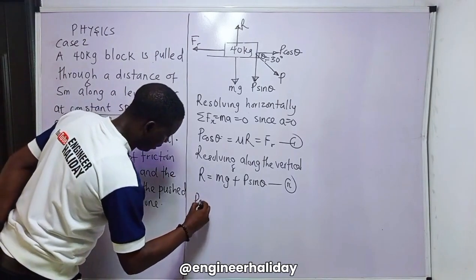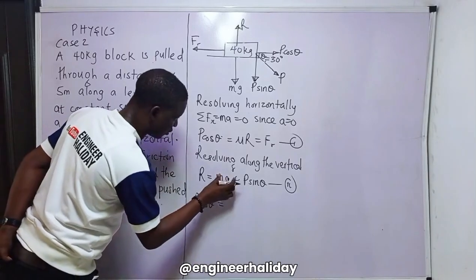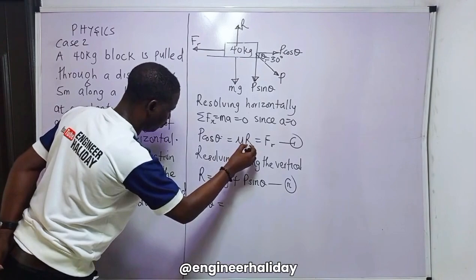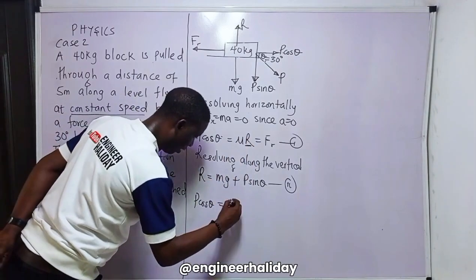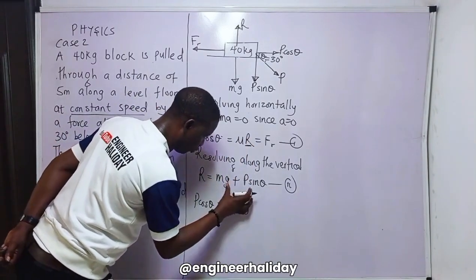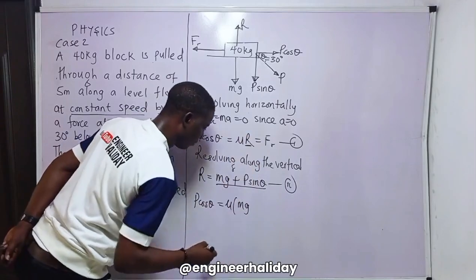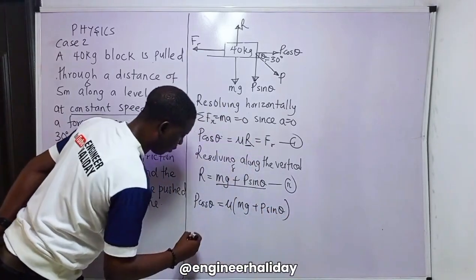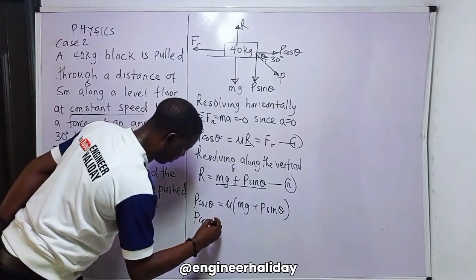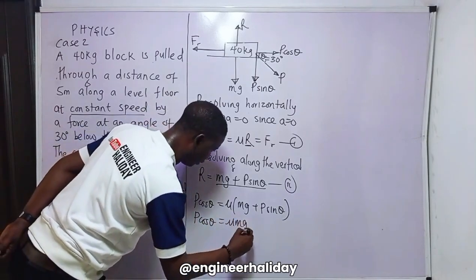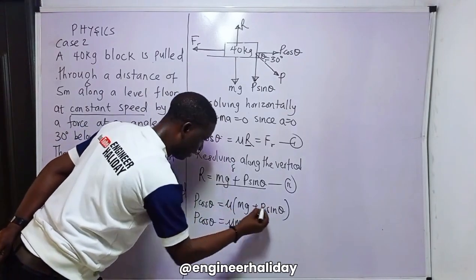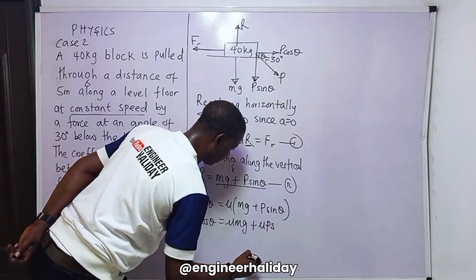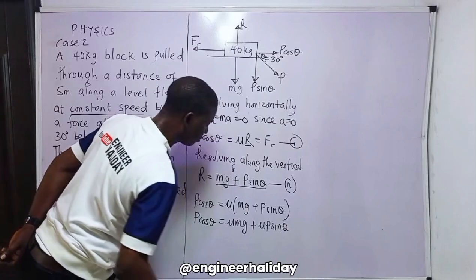So we have P cos theta, and in place of R, let's substitute mg plus P sin theta. Then we have P cos theta equal to mu mg plus mu P sin theta.